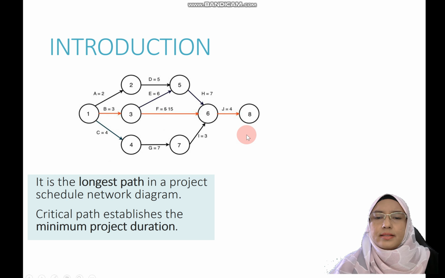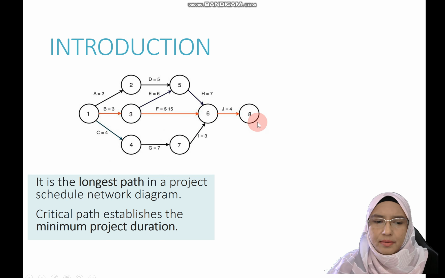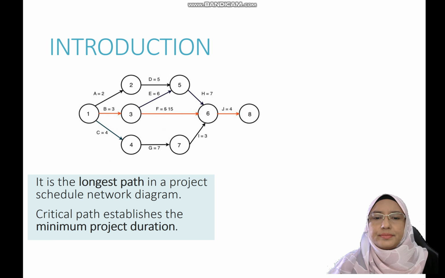What it means is that for this project, after considering all the durations along the critical path, the project is able to finish at the minimum duration.